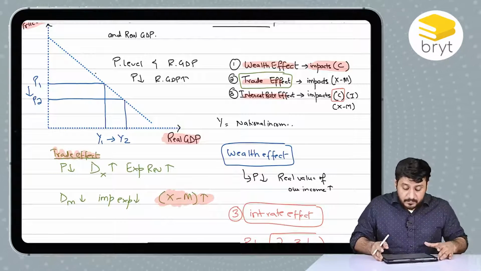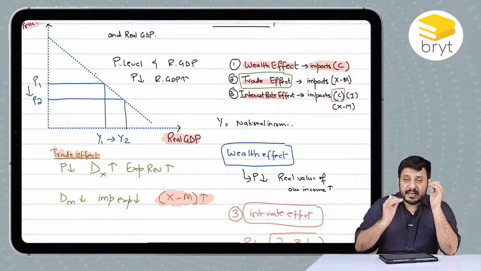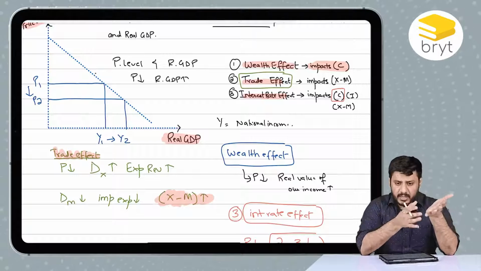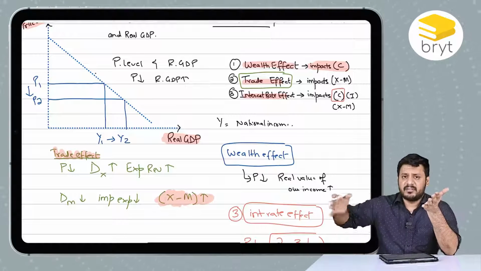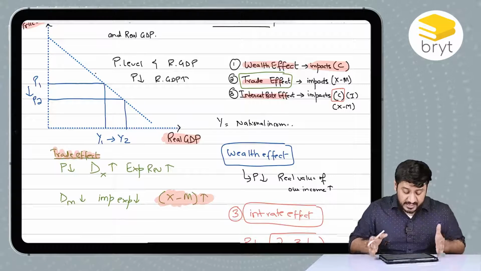But guys, one very important thing that needs to be understood here is that this is an extension of the AD curve. It's showing a rise in aggregate demand that's causing a rise in real GDP, but the rise in aggregate demand is in the sense of an extension in AD.